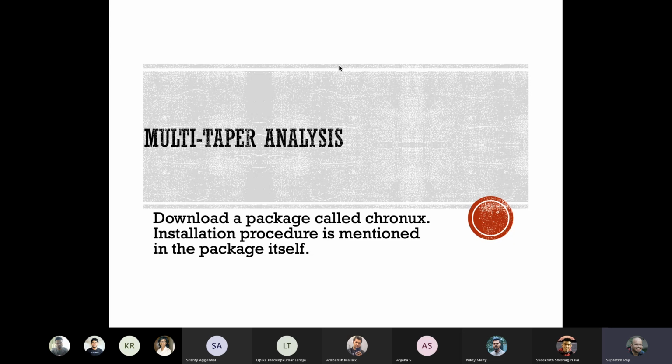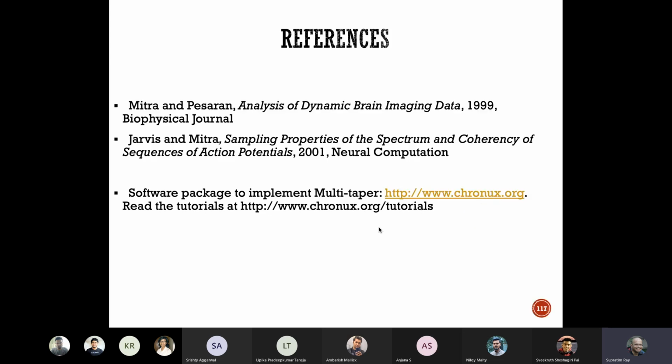So it's very popular in neuroscience. There's a nice package that you have to download to run multi-taper, and that is what I'm going to tell you about now. You can read about this, although this lecture is more or less sufficient. There are some tutorials also in the Chronux package that you can look at.